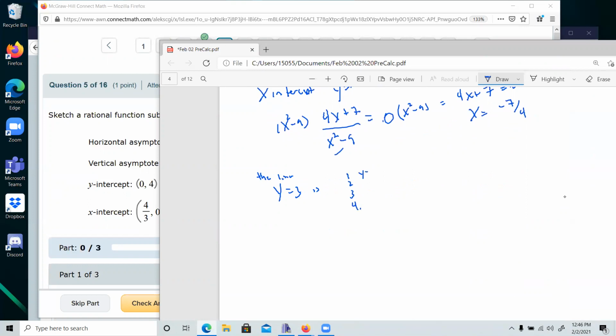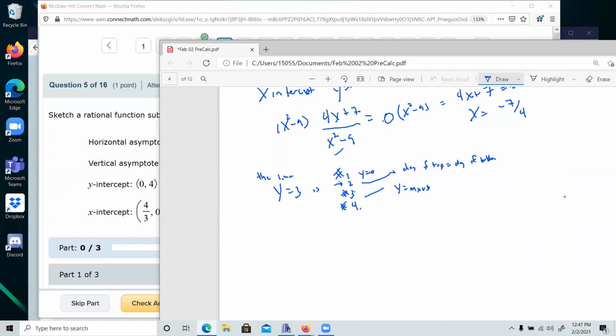The first one was y equals 0, so it's not that case. The third one is we had an oblique asymptote, y equals mx plus b, because this was when the top was 1 degree bigger. So it ain't that one either. The fourth one was there's no asymptote. So it's got to be case 2. And this was when the degree of the top was equal to the degree of the bottom.